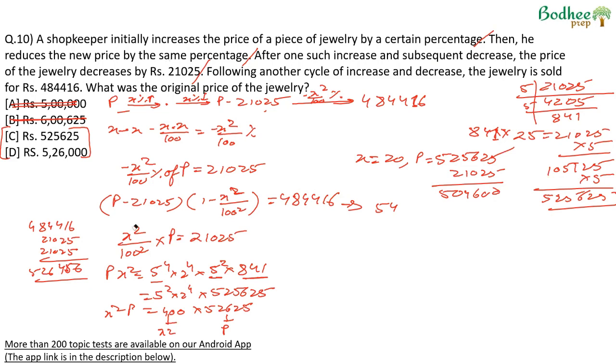Again, erasing this part for a bit, we get 504600 into 1 minus X square, which will be 400 upon 100 squared. So 400 divided by 100 is 4. 4 divided by 100 will be 0.04, and 1 minus that would be 0.96.